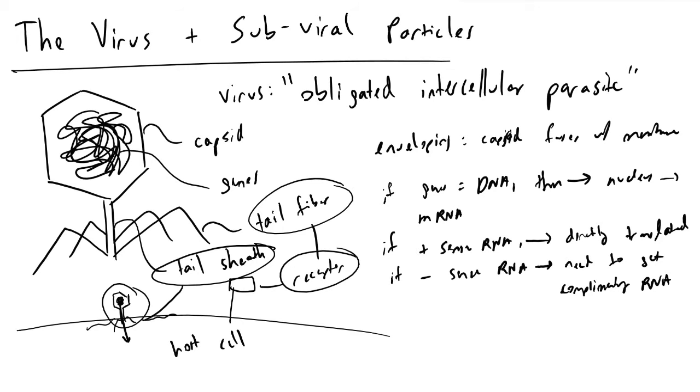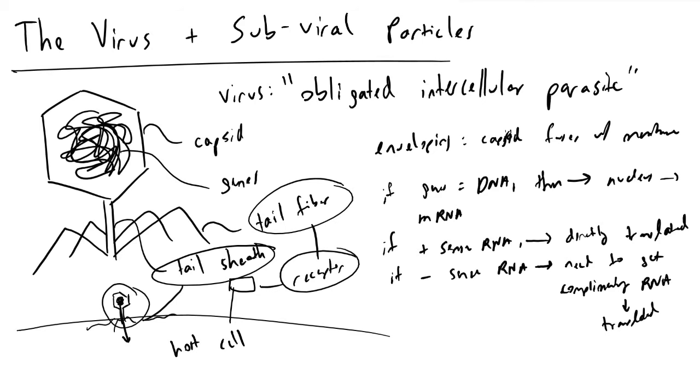And this complementary strand can then be translated. So it requires an additional step, which, if you're looking at things from an evolutionary perspective, additional steps might add room for problems. So plus sense RNA would probably be more common to find than minus sense RNA types of viruses.